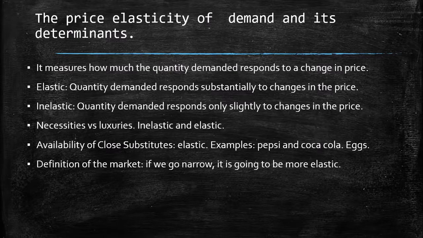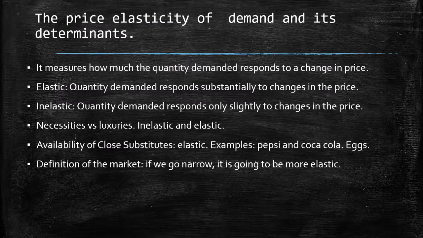Another characteristic of the price elasticity of demand is the definition of the market. When we go narrow, it's going to be more elastic. For example, if we are talking about ice cream and just one flavor, we can say that it's completely elastic because we just change to another flavor that we like as well.